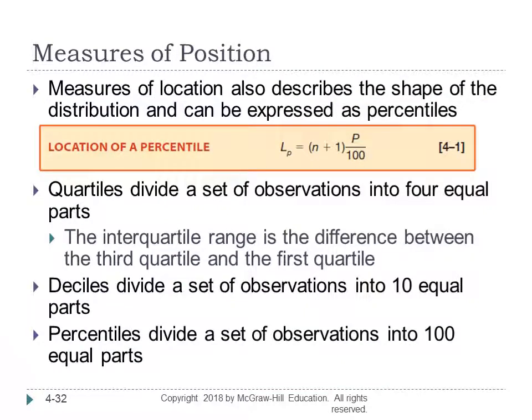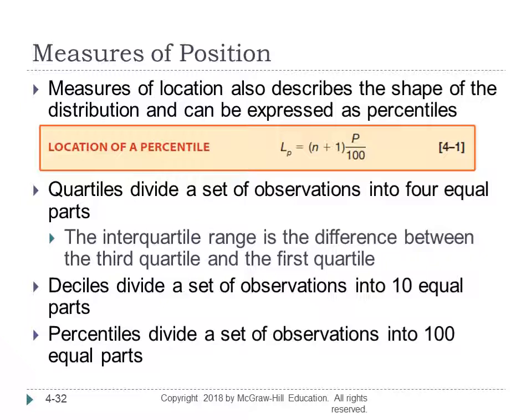Now we're ready to calculate measures of position. We already looked at the median, which is a measure of position. The median gives you 50% of the data. Once you locate the median, you know 50% of the data is less than the median and 50% is more than the median.